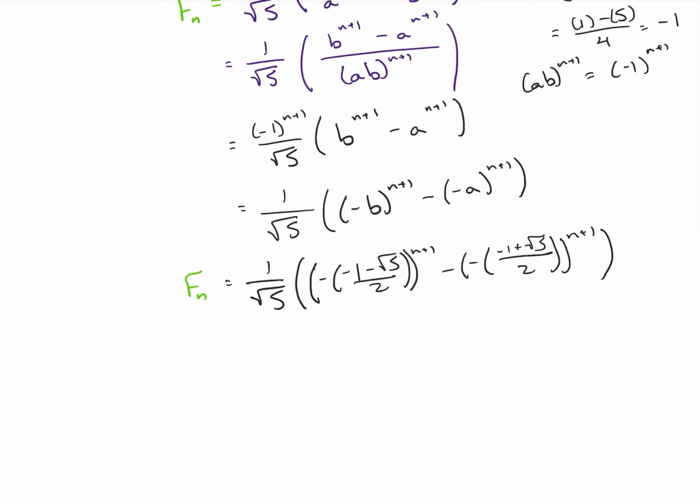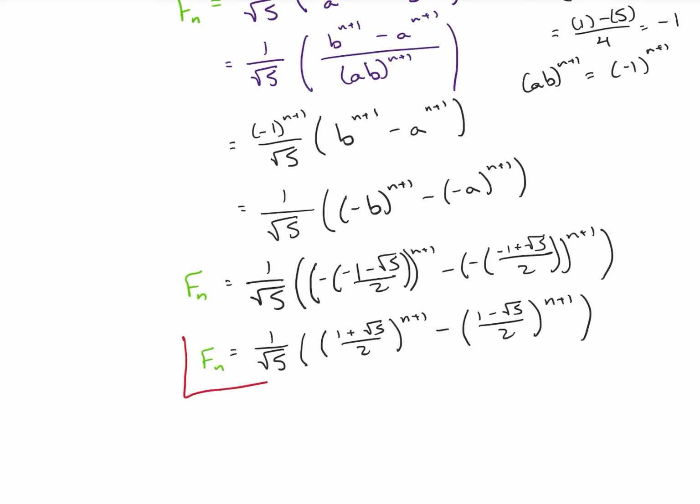And then finally, my equation for the nth term in the Fibonacci sequence is going to be 1 over the square root of 5 times 1 plus square root of 5 over 2 to the n plus 1 minus 1 minus square root of 5 over 2 to the n plus 1th power.